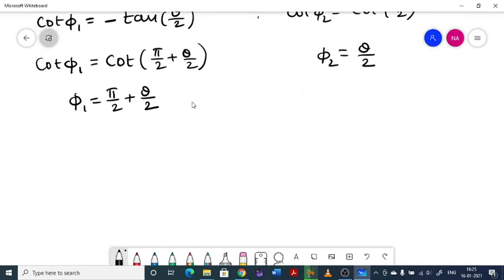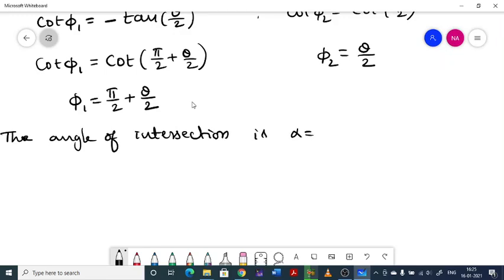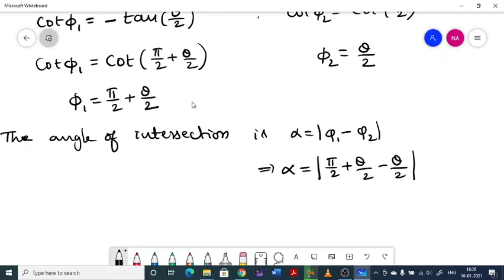Now if you take the angle of intersection, alpha equal to modulus of phi 1 minus phi 2, which implies alpha equal to pi by 2 plus theta by 2 minus theta by 2.